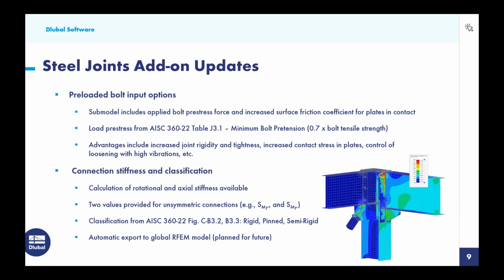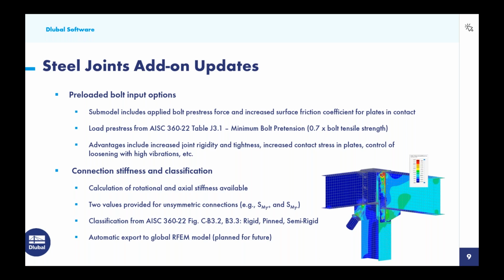So now moving on to a few of the updates that we have implemented in the steel joints add-on over the last year. This isn't an exhaustive list, but rather I just wanted to focus on a few of the main points. The first is the preloaded bolt input option. So now we have the ability to consider these preloaded bolts where the submodel then automatically will include the applied bolt pre-stress force.